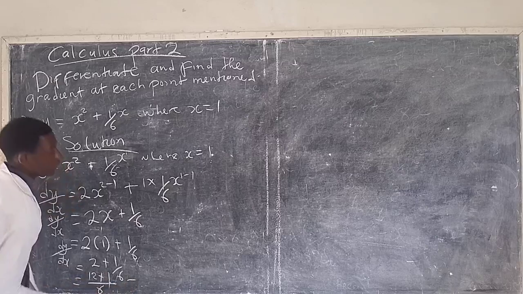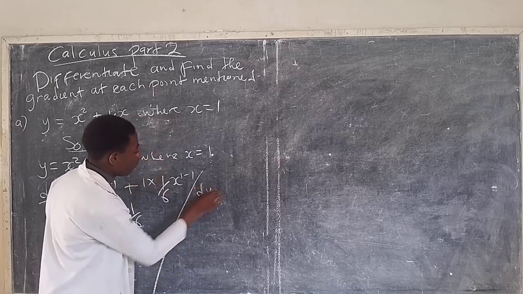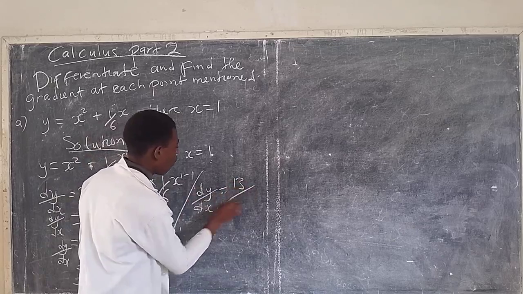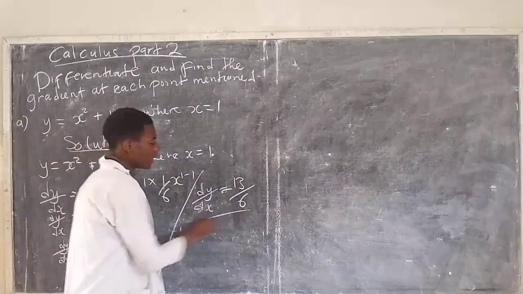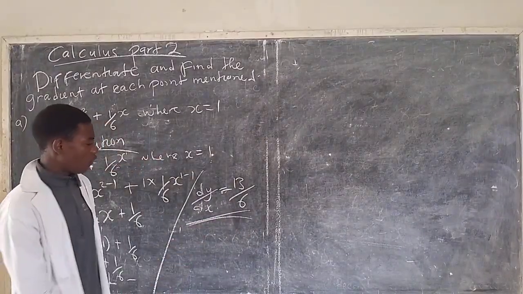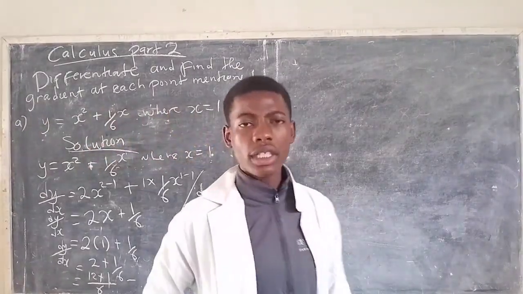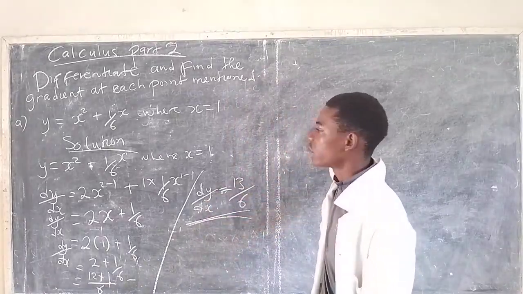So our gradient, which is our dy over dx, should be equal to 13 over 6 as our answer. For some of you who don't know, this dy dx is the gradient. So if you're asked to find the gradient, it's just dy dx at that point, which is 13 over 6.